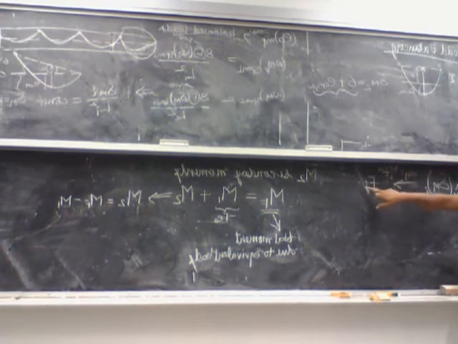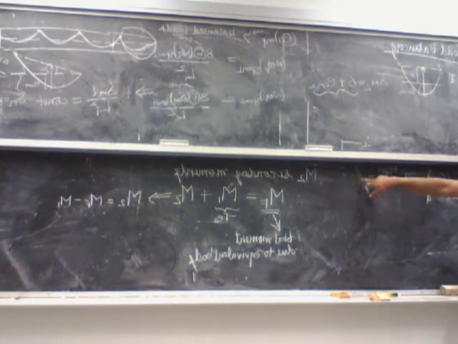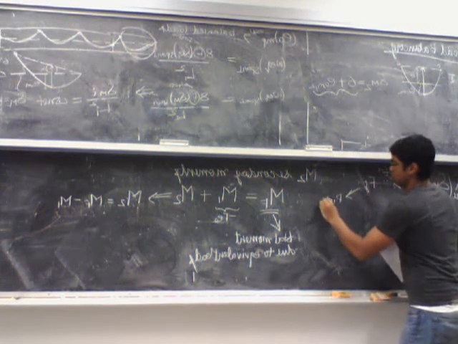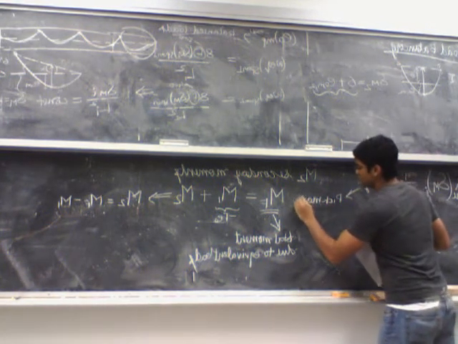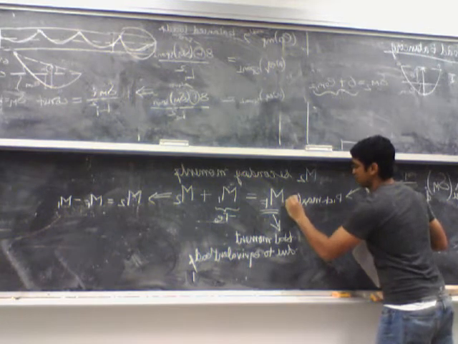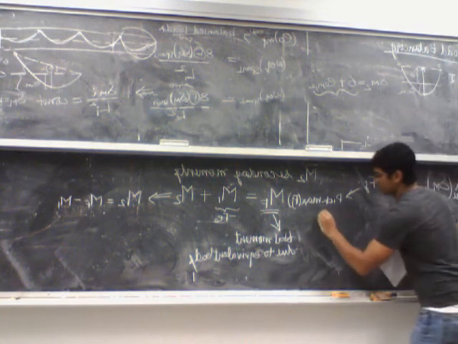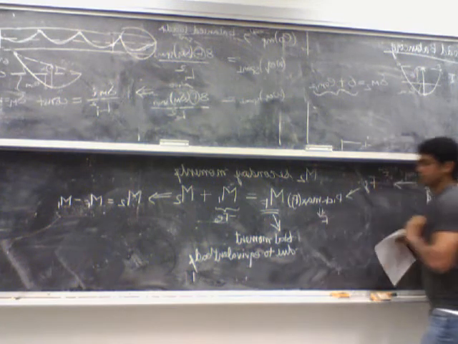You'll get one precessing force for each of the spans. You pick max of F of J, and that actually becomes your final precessing force.